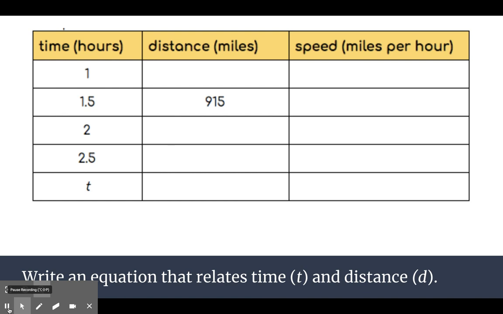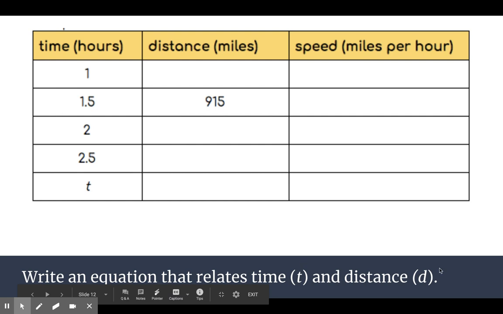So thank you all for checking your work. Now, this is what we're going to do. I'm going to check the rest of these as a part of your work, but the equation you should have come up with would have been y equals 610d.